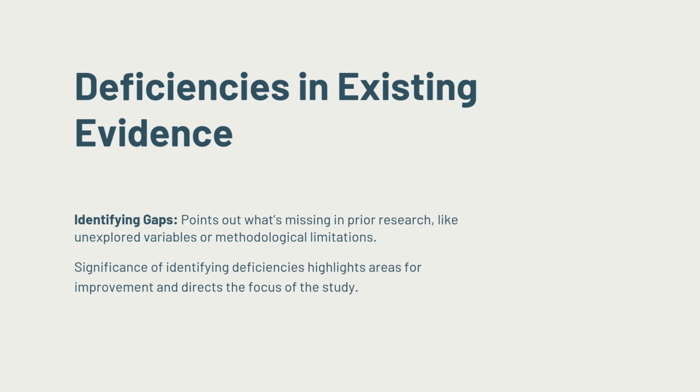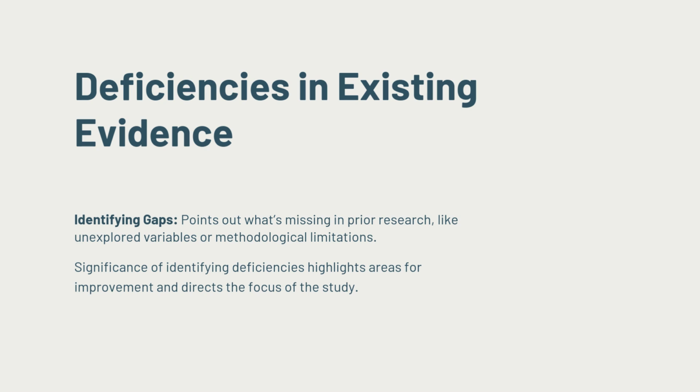Addressing deficiencies in the literature also strengthens your credibility as a researcher. It shows that you've done your homework, that you have critically examined existing studies and found areas that need further exploration. For readers, this builds trust, and so they get to see that your study is not redundant or unnecessary, but it is actually filling an essential knowledge gap.